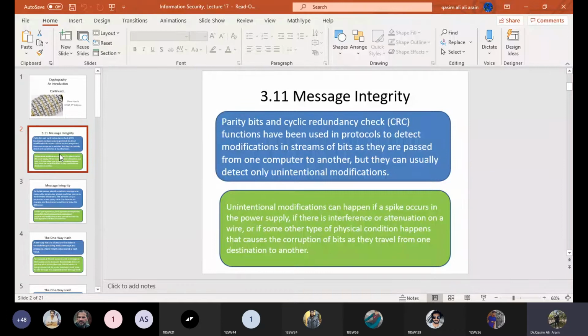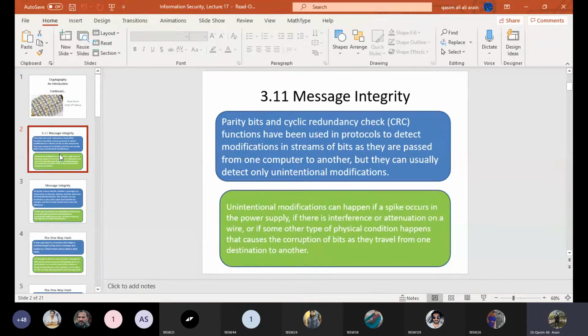But if the two values are different, this means that some alteration or some intrusion has been made during the transmission of the data, right?